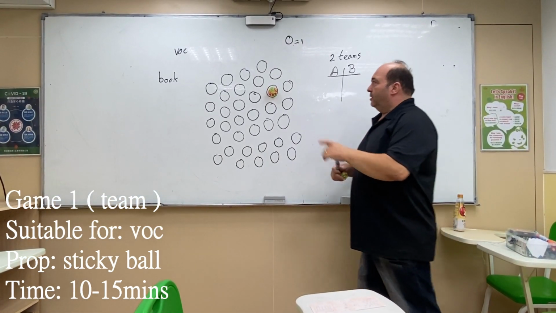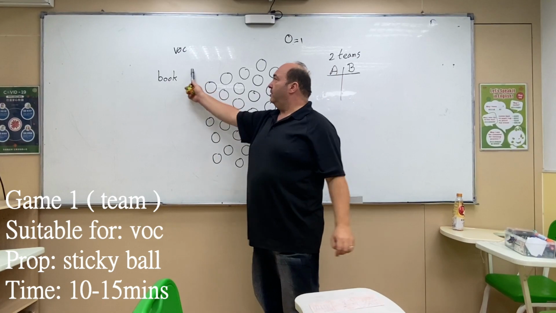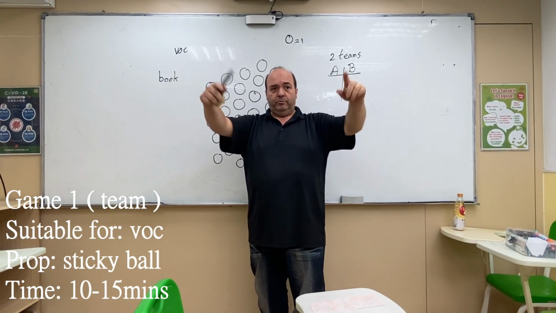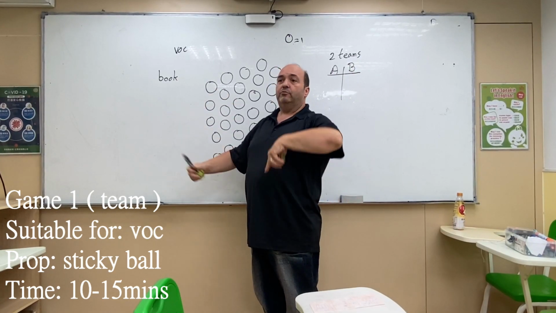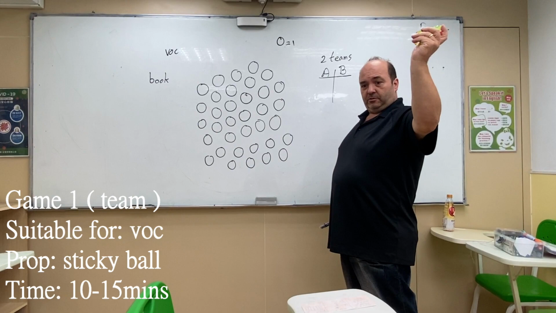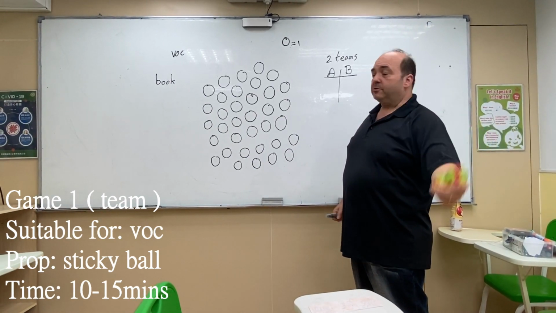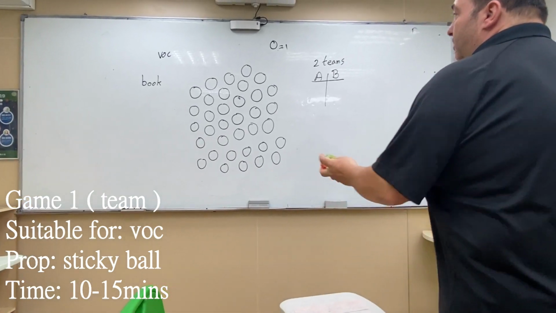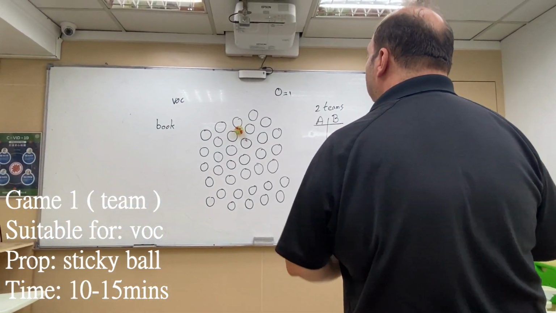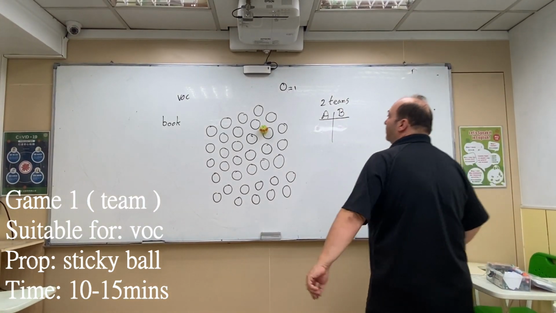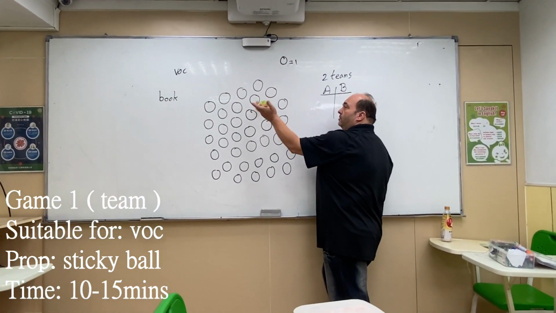If you have a lot of vocabulary, you can make 2 rounds, all the students, 2 by 2. Or you can say you have 2 chances. So student team B, you go first, you have 2 chances. They throw the sticky ball, nothing, it's not in the circle. And the second one, bang, they hit the circle, they get 1 point.